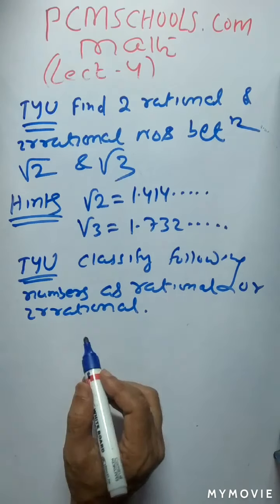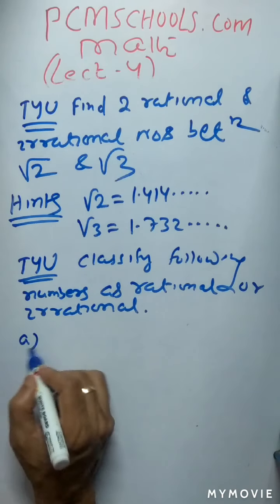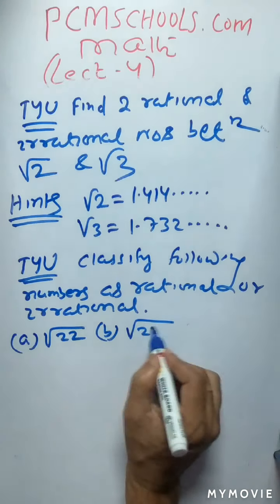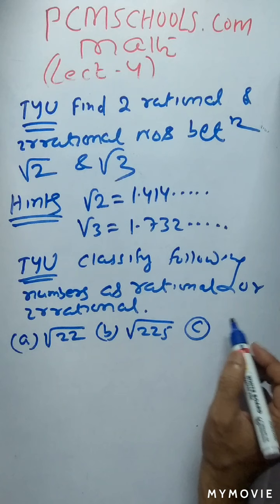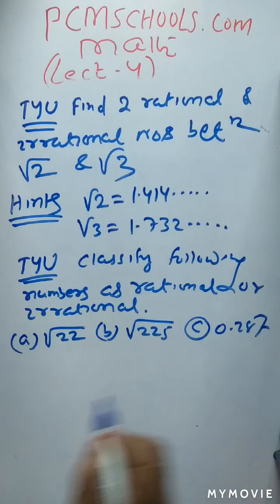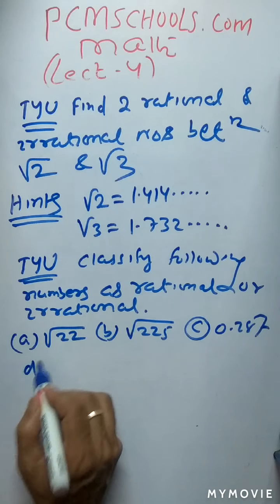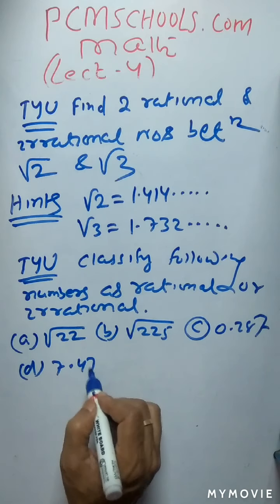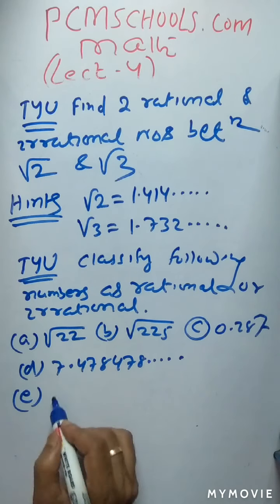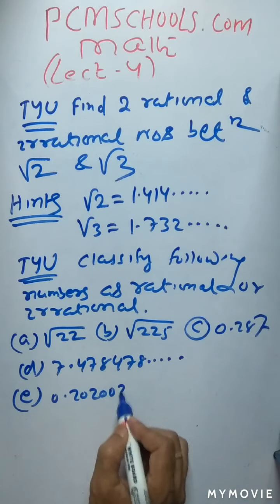Next homework: classify the following numbers as rational or irrational. So you have to choose which is a rational number and which is an irrational number.